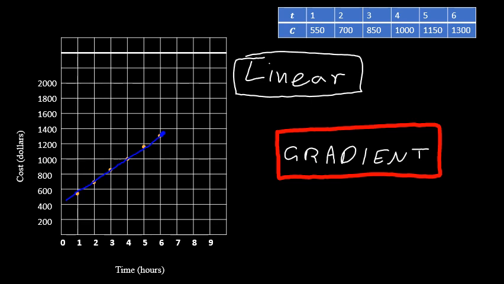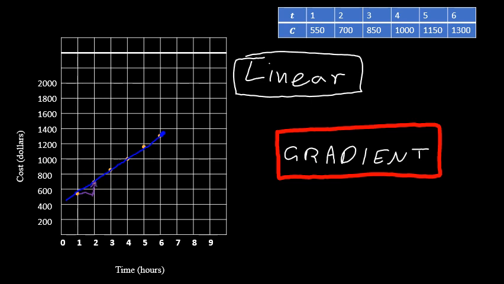On a graph, I can think of the gradient as the steepness of my line. So if I have a linear relationship, I'm going to get a straight line on my graph, and the gradient is the steepness of that line. How do I measure steepness? Well, I measure it by, for every 1 unit that I have to go across my graph, how many units do I have to go up to hit the graph again?